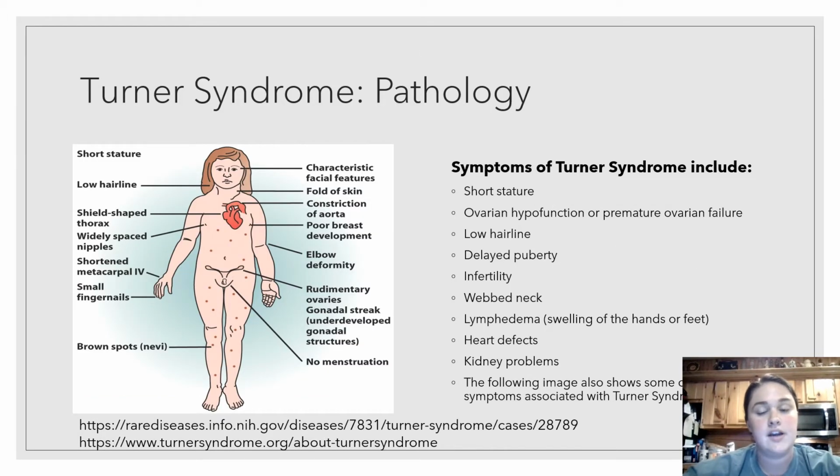The pathology of Turner syndrome includes the symptoms of Turner syndrome.